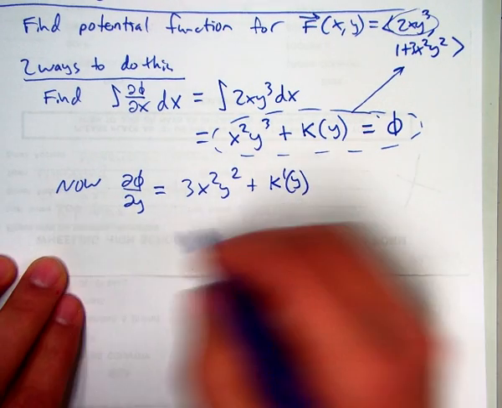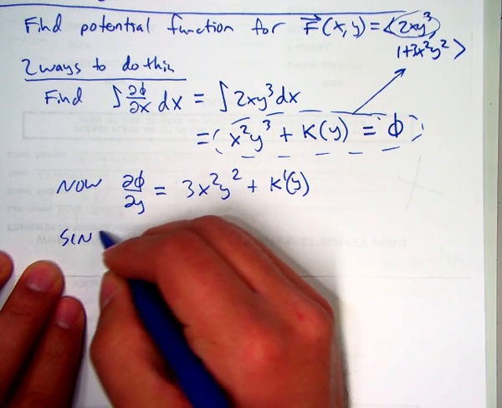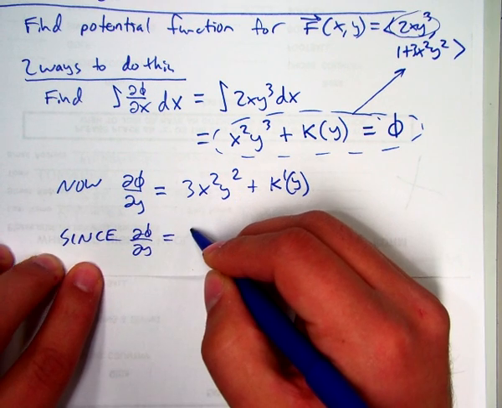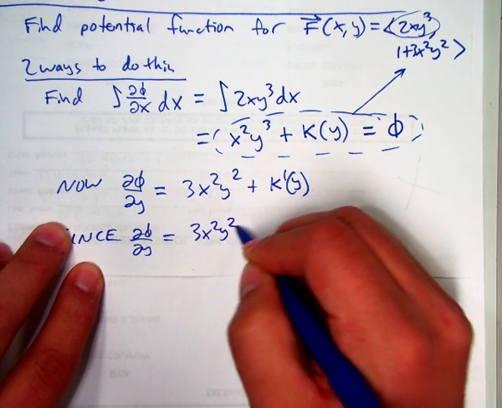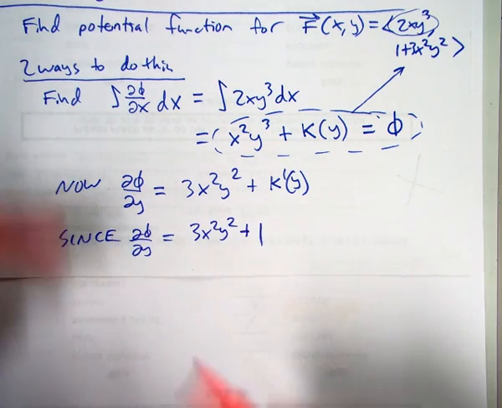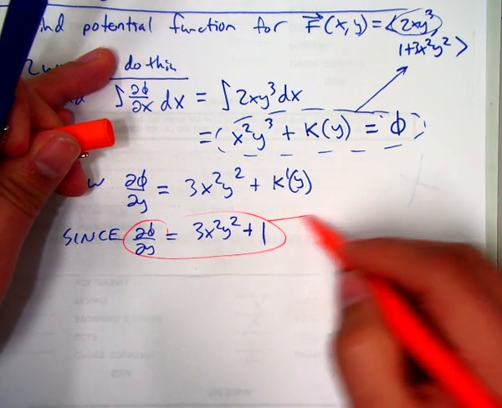So since partial phi partial y equals 3x squared y squared plus 1, I'll make the connection here.